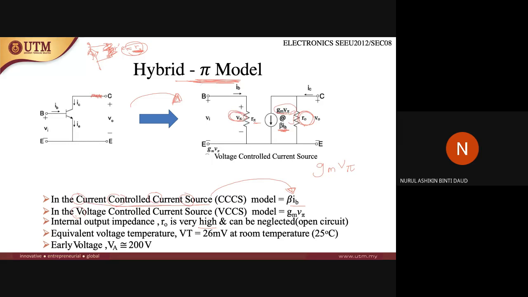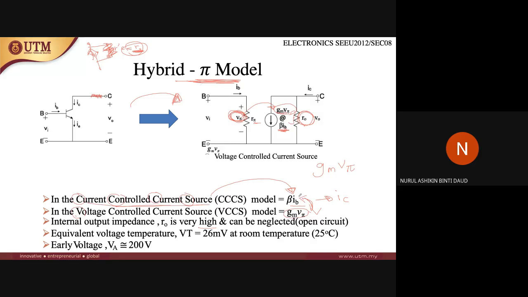The voltage V pi is actually IB times R pi, and V pi controls the current that flows at the collector. So this is the VCCS model, which is GM V pi. Both of these represent IC, the current at the collector.